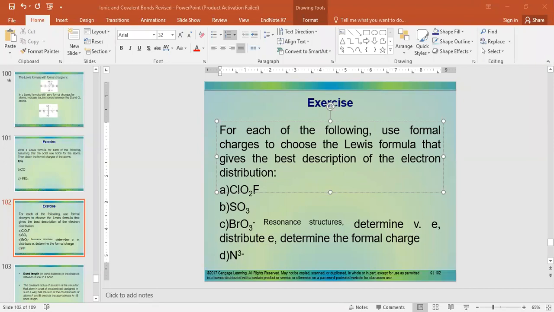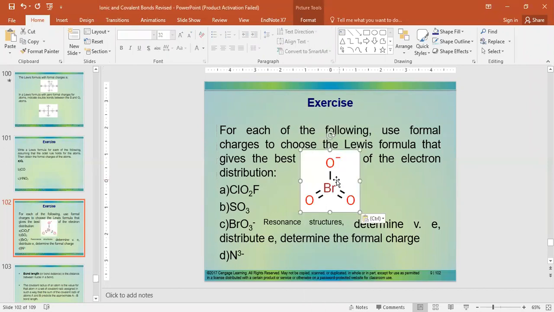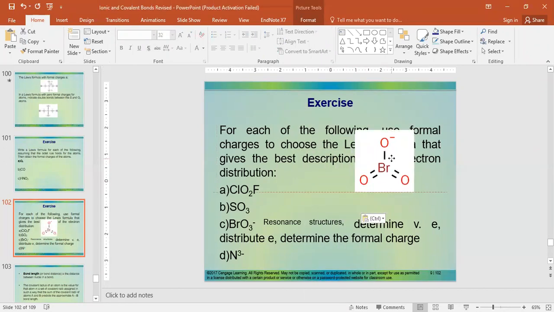You get something looking like this. Are you able to see the structure that I've put there?